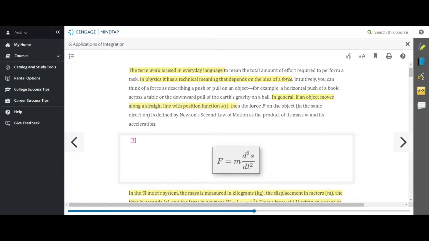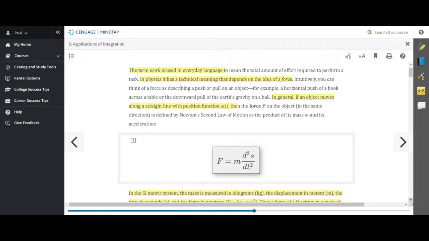So the second derivative of position s of t with respect to time is equal to acceleration. And so you see here, in section 6.6, force equals mass times acceleration. Hopefully Newton's law came up in calculus 1 as well.